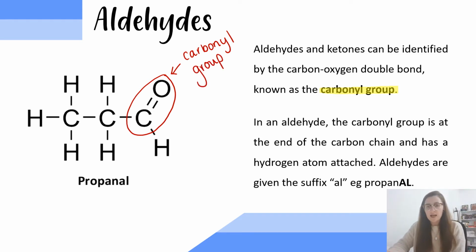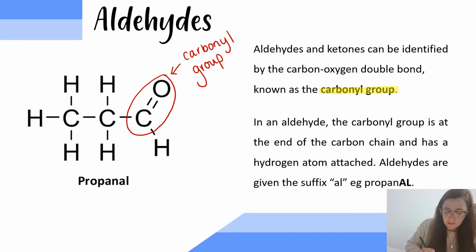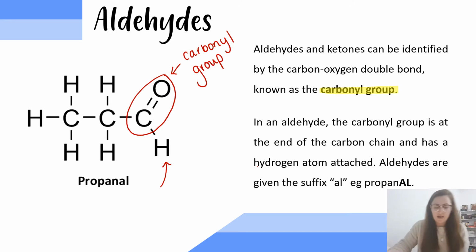In an aldehyde, the carbonyl group is at the end of the chain, so we always see that carbonyl group with a hydrogen attached in an aldehyde. Also, another thing to mention is that aldehydes are given the suffix -al. So for example, alcohols are given the suffix -ol, propanol. Aldehydes are given the suffix -al, propanal.